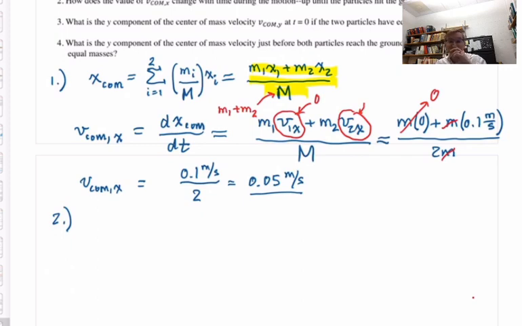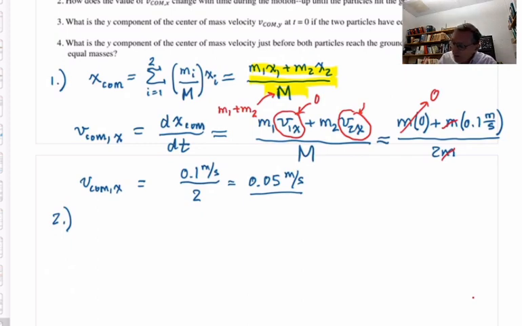What about V2x? Well, now that one has an x velocity, doesn't it? Particle 2 is the shot one, undergoes projectile motion. But remember what you learned about projectile motion in chapter 4. What can you say about the x velocity of a projectile? Remember, it's constant? Because the gravitational force is vertical. There is no horizontal force to change the x velocity.